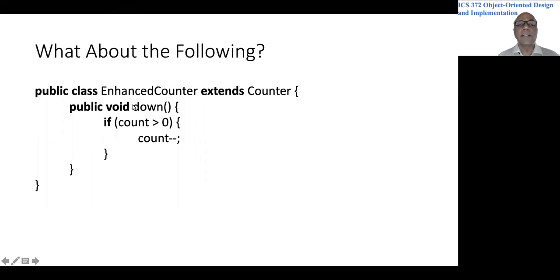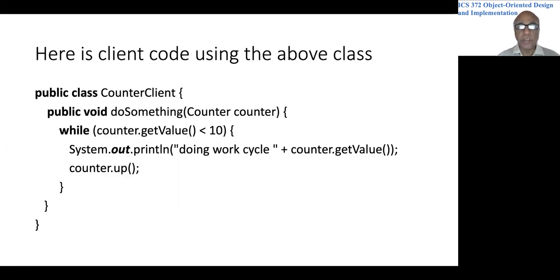What about a different type of counter, public class enhanced counter extends counter? And what it does is it adds an extra method down, which decrements count by 1, provided count is more than 0. If you use an object of type enhanced counter as parameter to the client, you can see that it continues to work as before.